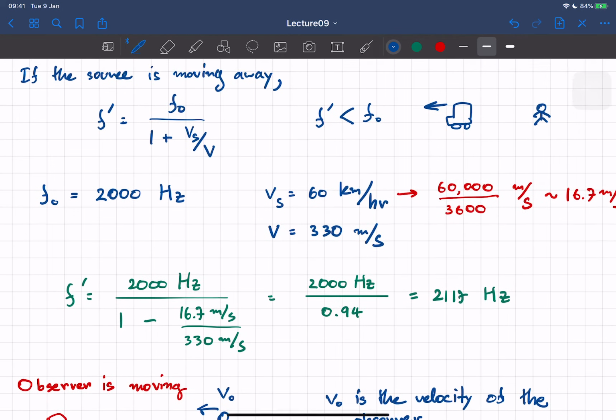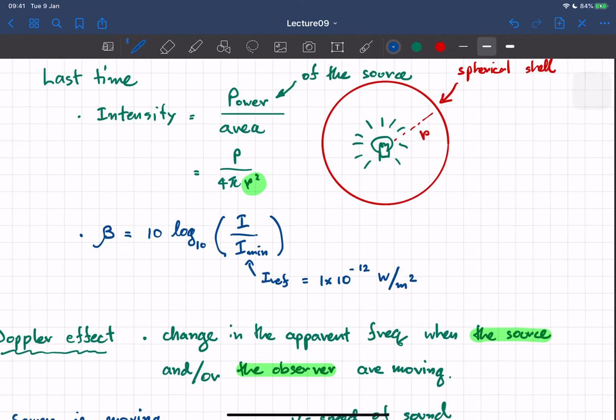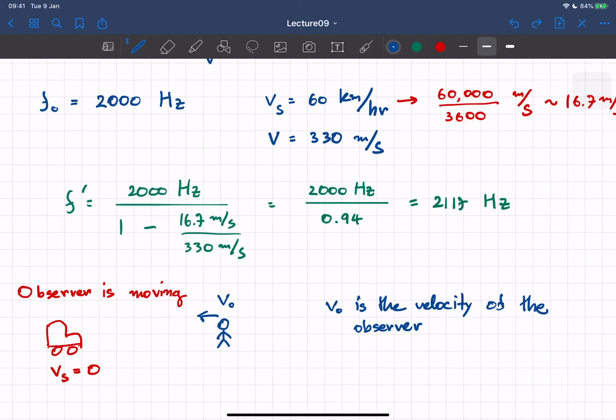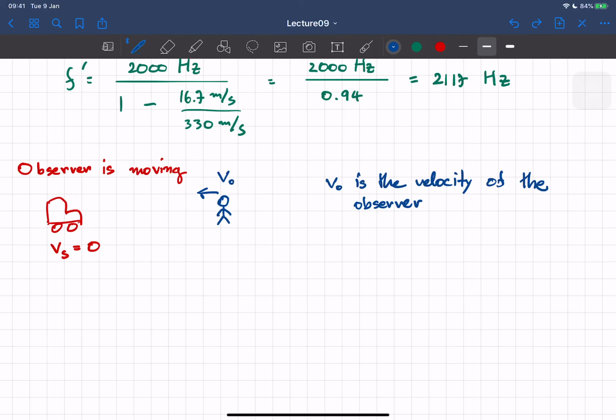The case we had before is the source moving, so the observer does not really move with respect to the air, which is the medium, right? So the speed of sound is always going to be v. But in this case, the source is not moving, it's the observer which is moving. So it looks like the speed of sound increased because from your point of view, it looks like the wind is blowing towards you, right? Because you are not standing still.